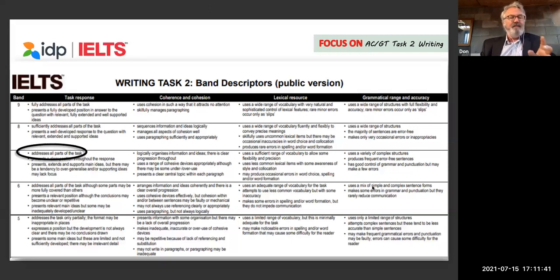At a band 7 for the first criterion, task response, you address all parts of the task. That is important. You must do that in order to get your band 6, 7, 8, or 9. If you don't do it, you will get at most a band 5. For coherence and cohesion, you use a range of cohesive devices, linking words.